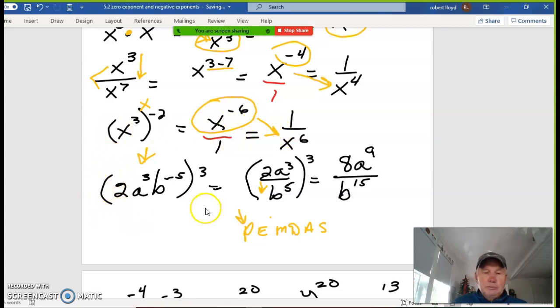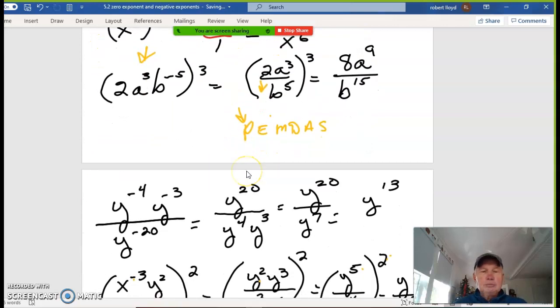This next one, remember we talked about cleaning up inside the parentheses, and that keeps with our order of operations. So the 2 is fine in this position, the a to the third is positive, it's fine, but this b to the negative 5 has to have its position changed.